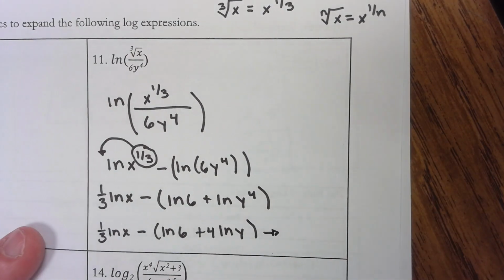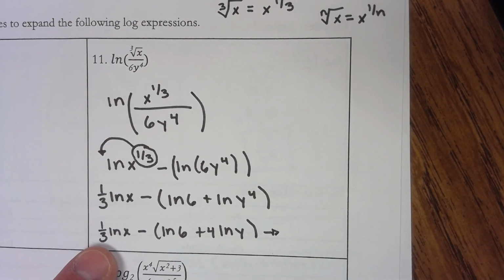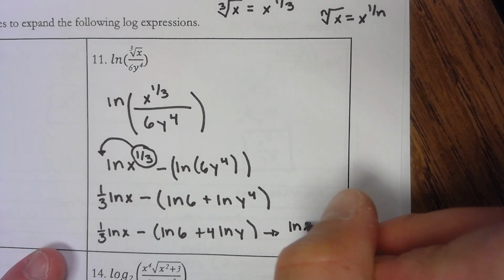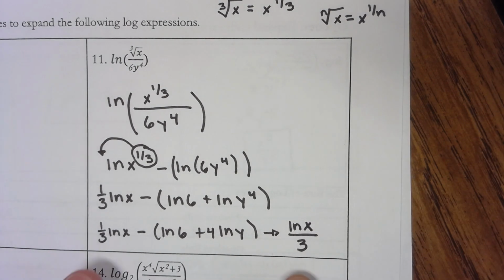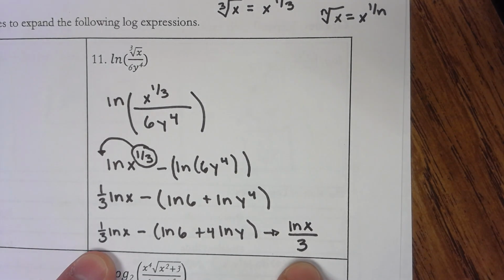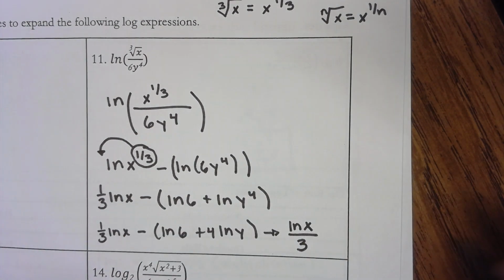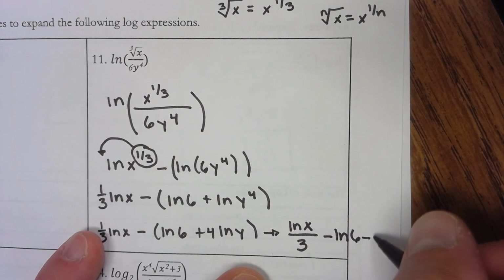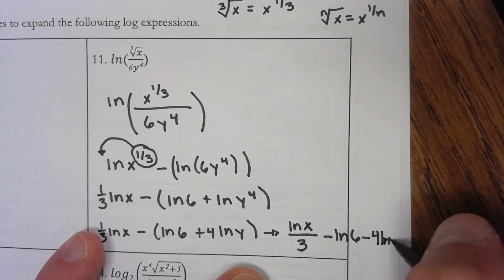Here's 2 other things you might see here. If I have 1/3 times natural log of x, that's really 2 fractions being multiplied together. So you might also see that as natural log of x divided by 3. That's the exact same thing as multiplying something by 1/3. Then you might also see this negative distributed, making it natural log of 6 minus 4 natural log of y.